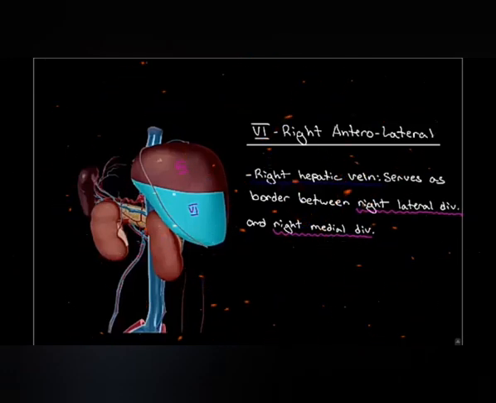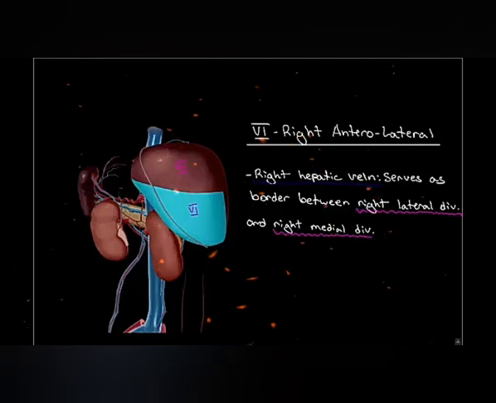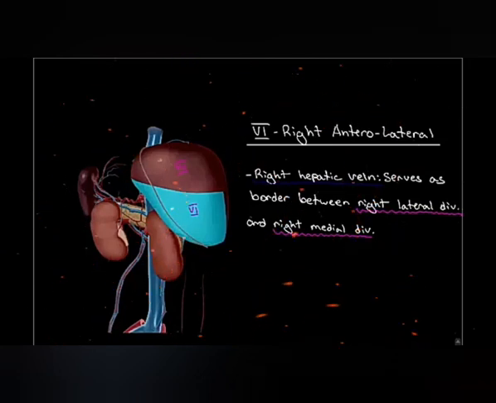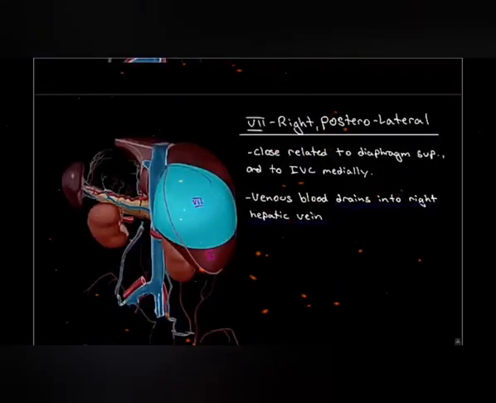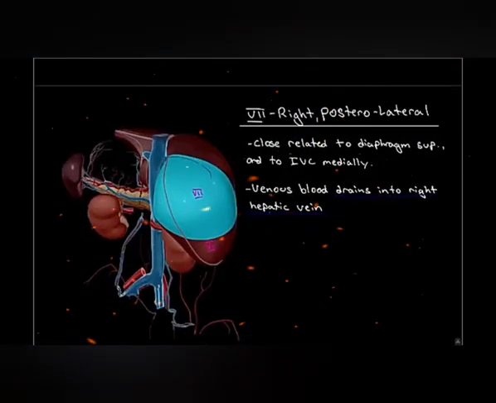Now we can see a more lateral view of the liver exposing segments number 6 and 7, which is part of the right lateral division. And both of these segments drain their blood into the right hepatic vein. And the right hepatic vein, again, is the border between the right lateral division and the right medial division.